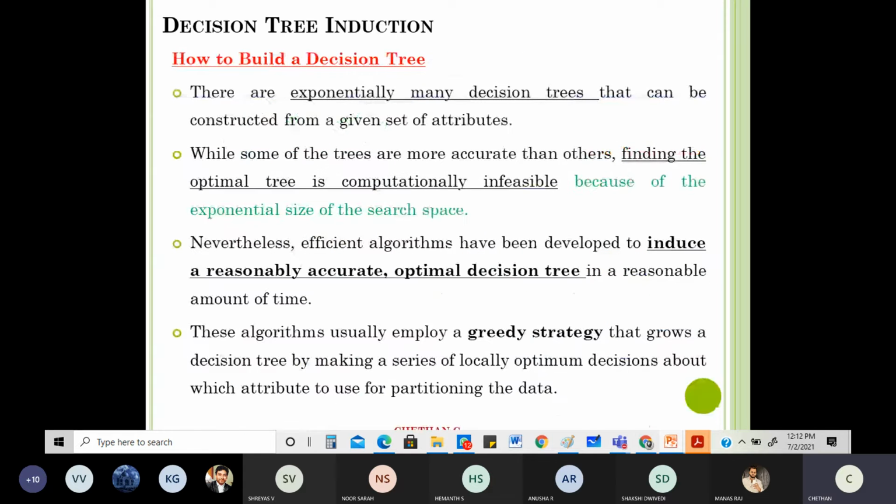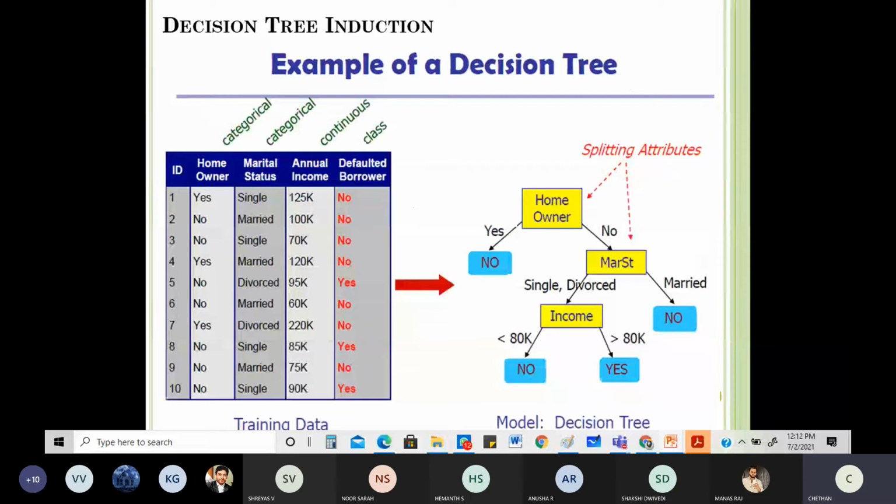Before we move into the different types of algorithms, I put the same old example of the decision tree right here, just to make sure that you come across this same example, because we are going to use it under Hunt's algorithm also. You will be seeing the same example at that time. This is my training data, and this is my decision tree.